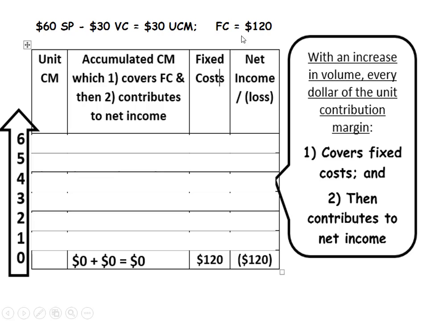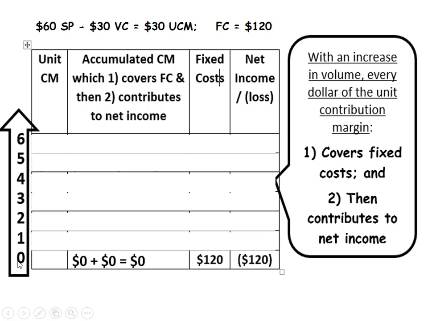We also know that the total fixed cost for the company is $120. Now we're going to follow the volume of our contribution margin and its impact on the net income or loss for the company over a volume between 0 and 6, as you can see by this arrow.